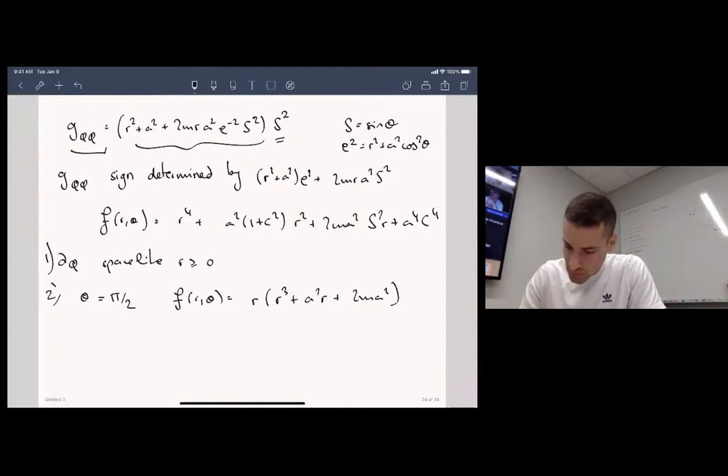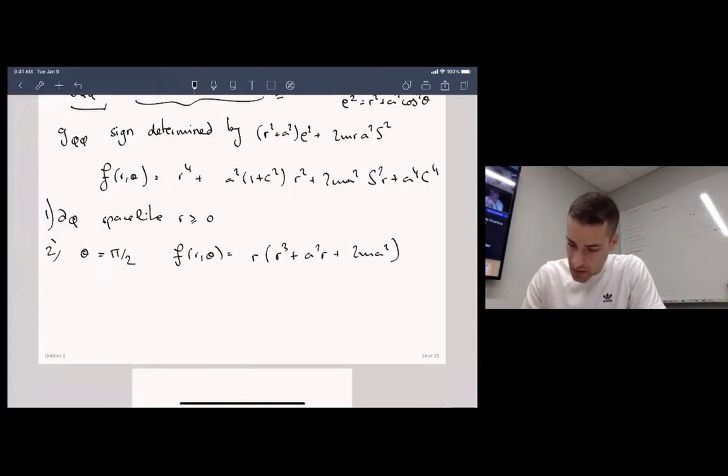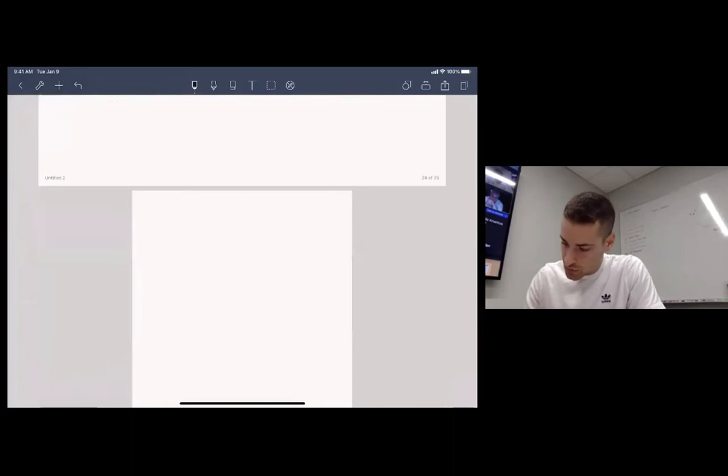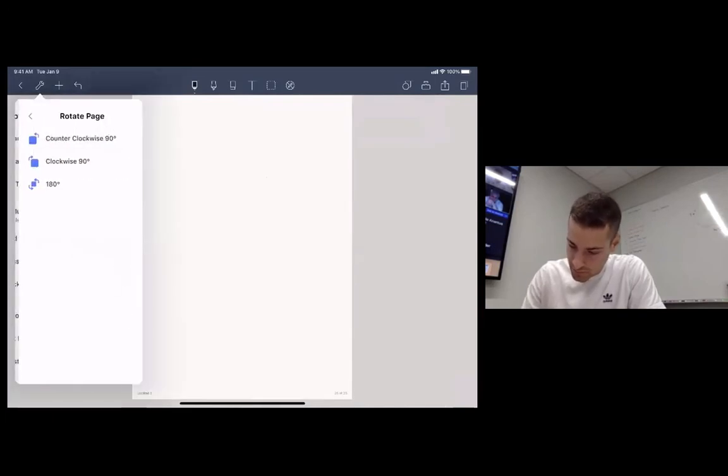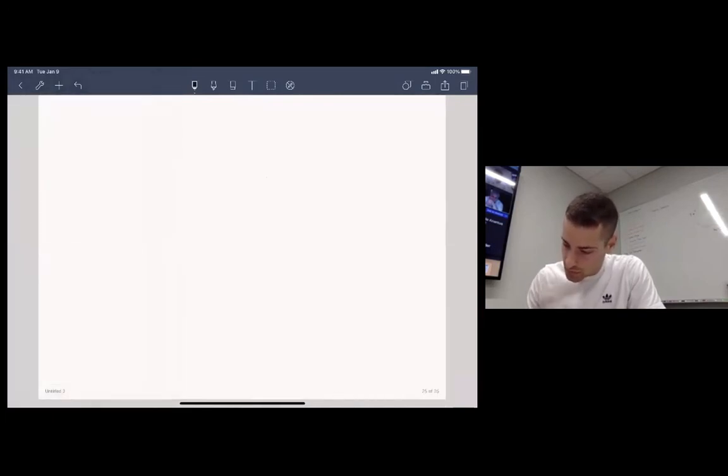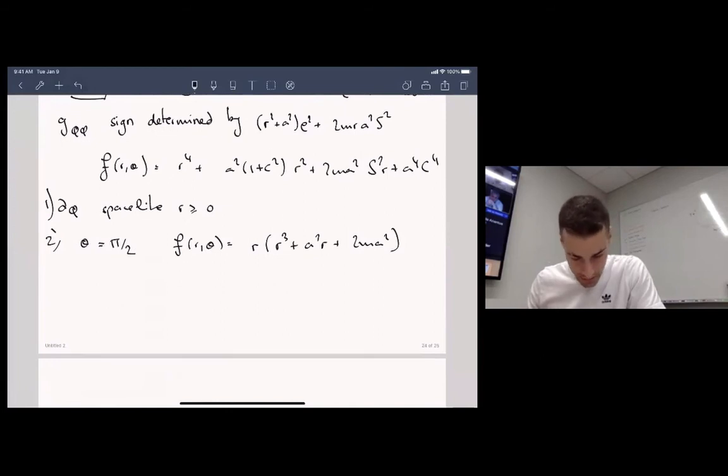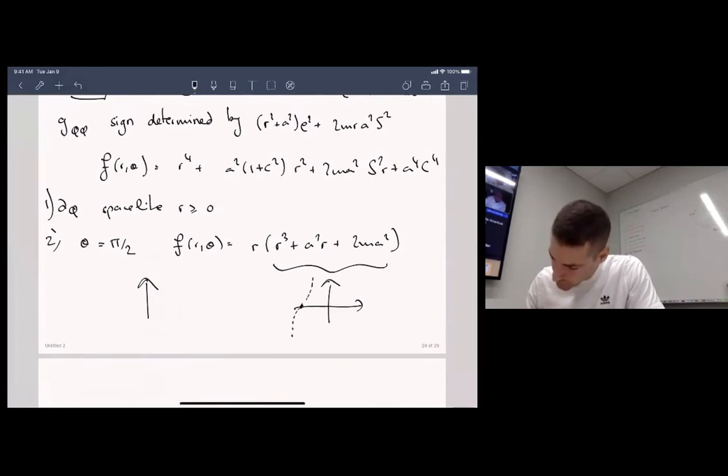And if you just remind yourself of your high school days and you want to plot this, you will quickly realize, computing derivatives, etc., that this guy looks like the following. Let me write it underneath. This guy is going to look like this. So there's not going to be any stationary points. You can see this quite easily.